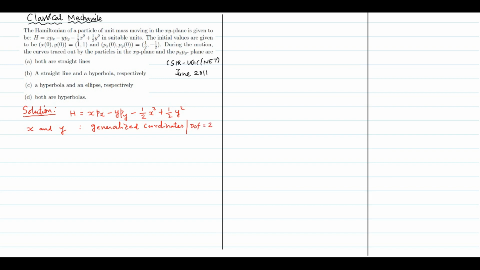For x, the canonically conjugate momentum will be px. For y, the canonically conjugate momentum will be py. So therefore the dimension of the phase space is 4. Now let us write down Hamilton's equations of motion.